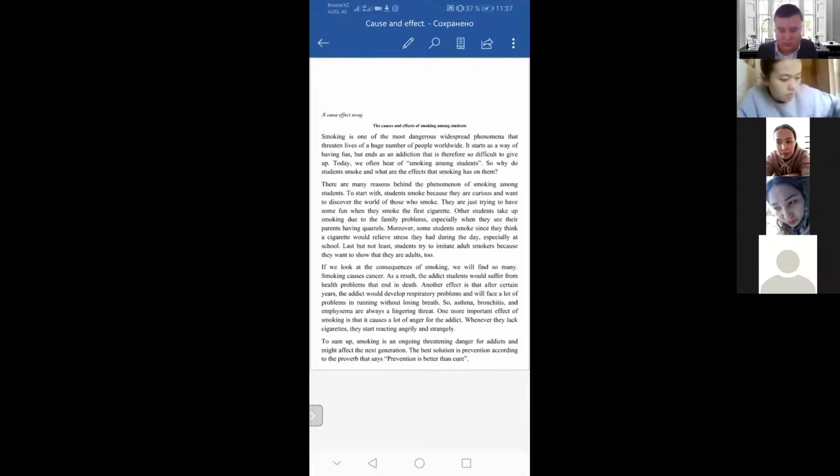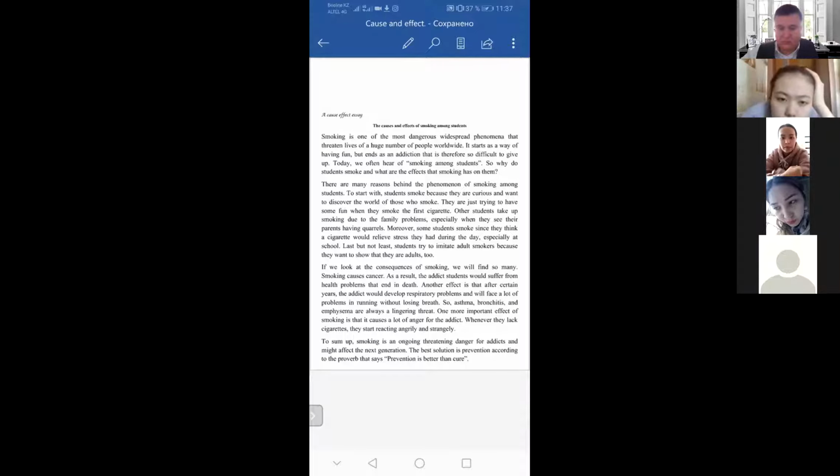Smoking causes cancer. As a result, the addicted students would suffer from health problems that end in death. Another effect is that after certain years, the addict would develop respiratory problems and will face a lot of problems in running without losing breath. So, asthma, bronchitis, and emphysema are always a lingering threat.